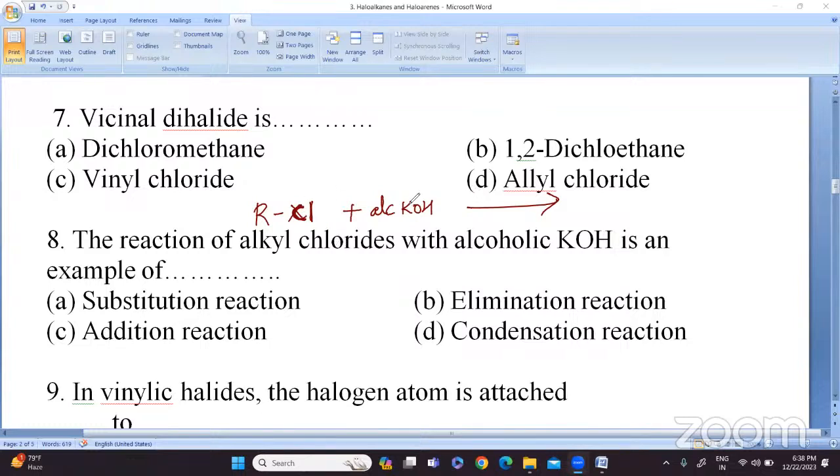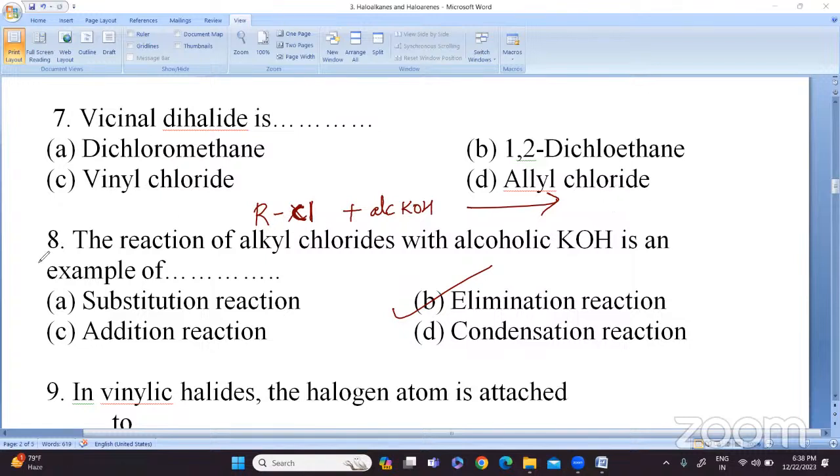So this is an example of elimination reaction. Your OH will abstract a hydrogen from the alkyl group.